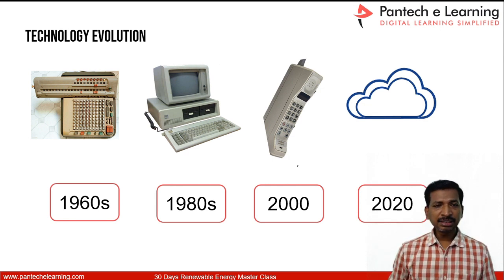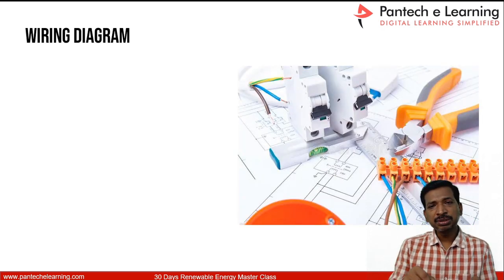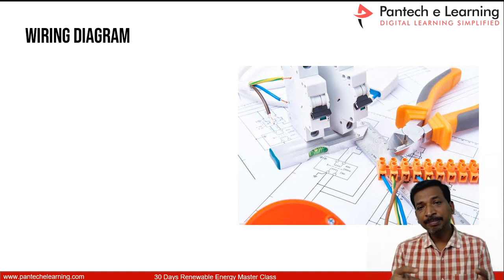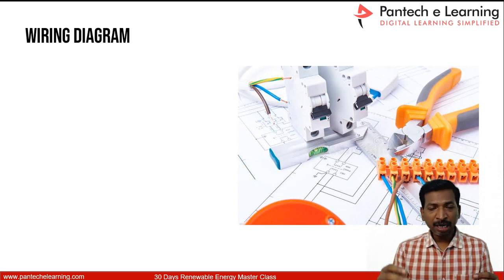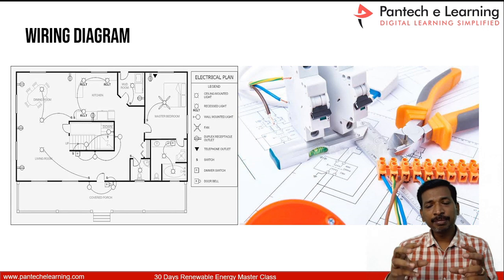If you take a wiring diagram, initially we used basic sheets, a scale and basic stationery materials. But with the help of a computer, we can draw the complete diagram with accurate dimensions. This helps remove human error.